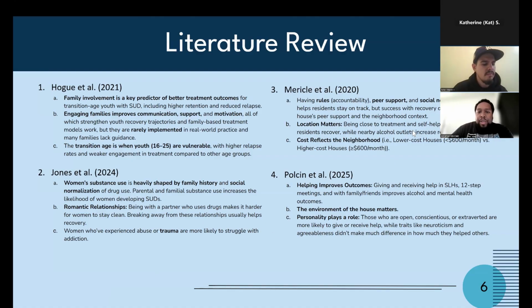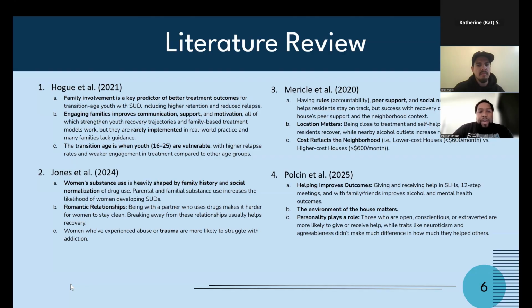Being close to treatment and self-help groups helps residents recover, while nearby outlets increase relapse risk. Cost reflects the neighborhood. Lower cost houses are about 600 a month or less, versus higher cost houses, which are more than about 600 a month.